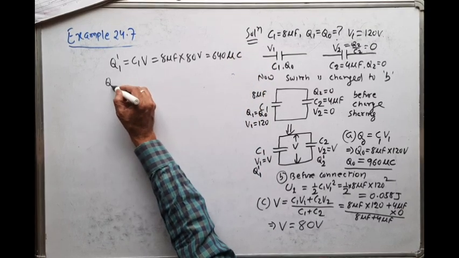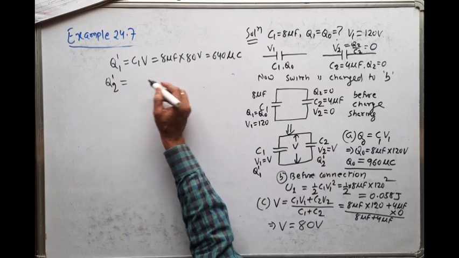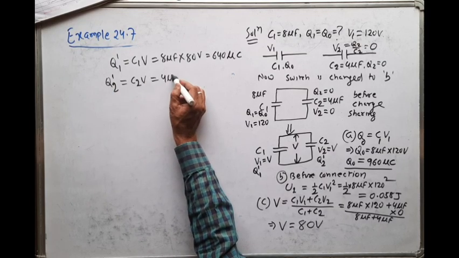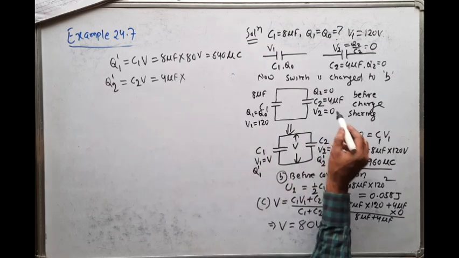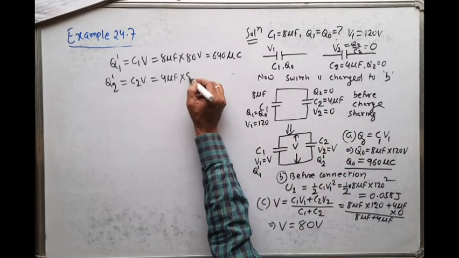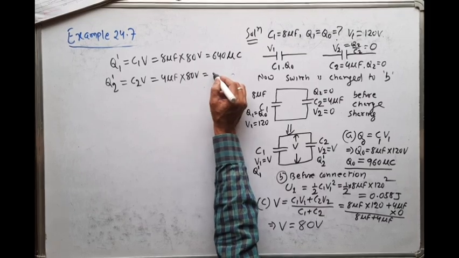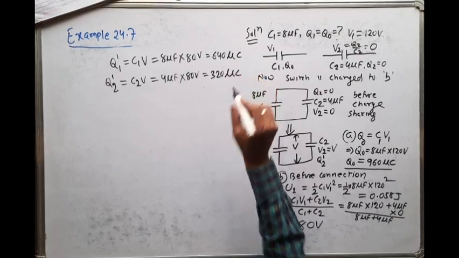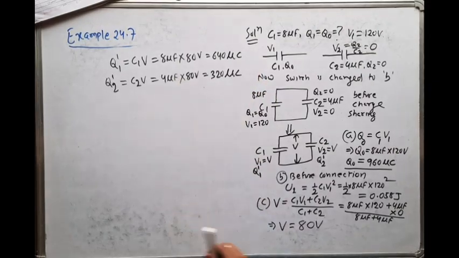Then what is the charge across the second capacitor? That is C2 into common potential V. C2 is 4 microfarad and the common voltage is 80 volt, which is equal to 320 microcoulomb. So this is the charge across each capacitor, and this is the voltage across each capacitor.